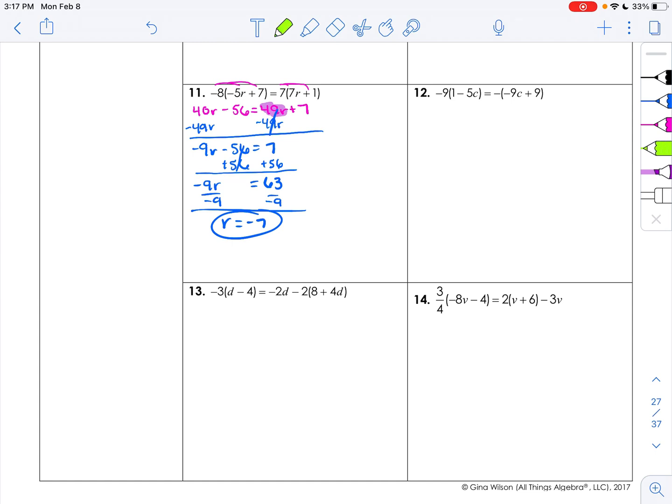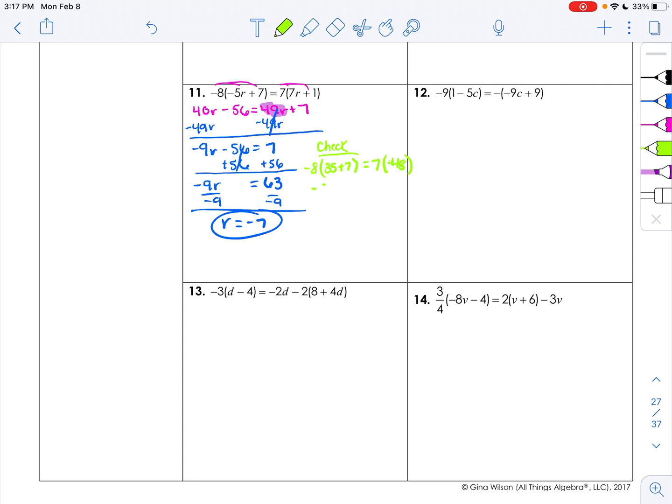So then we're going to check that answer. So we have negative 8 times, I'm going to go ahead and do some of that math. So negative 5 times negative 7 is 35 plus 7 equals 7 times, 7 times negative 7 is negative 49 plus 1 is negative 48.